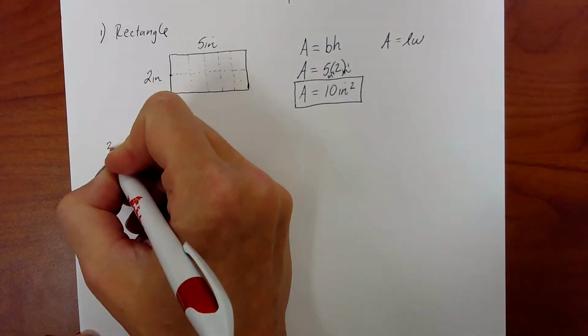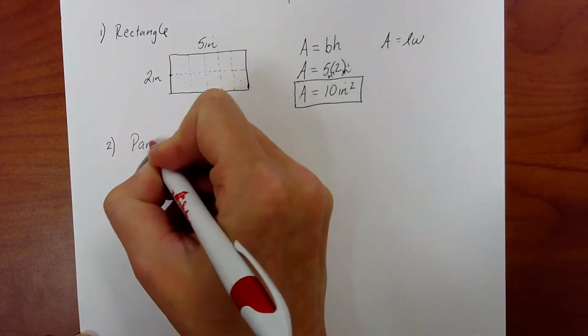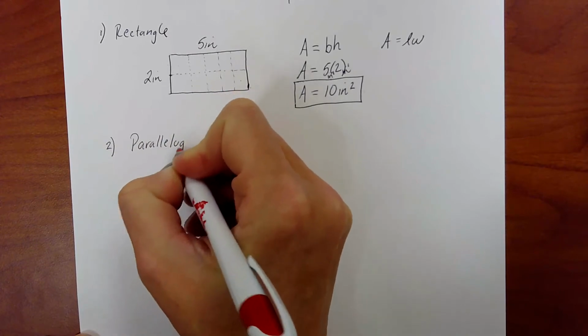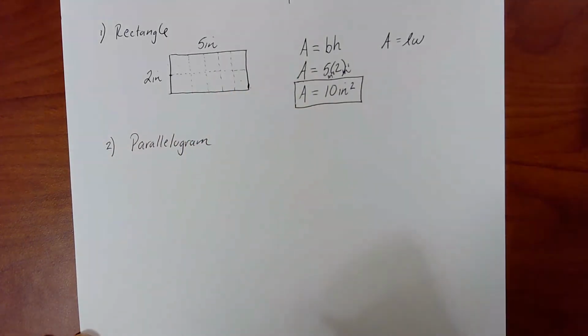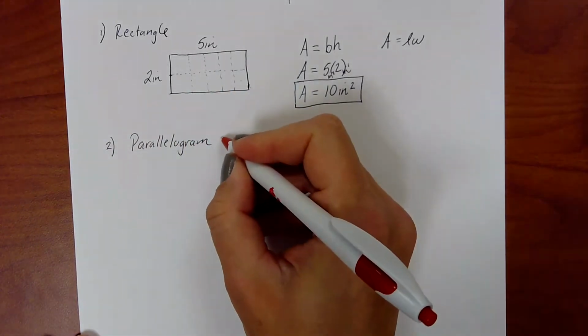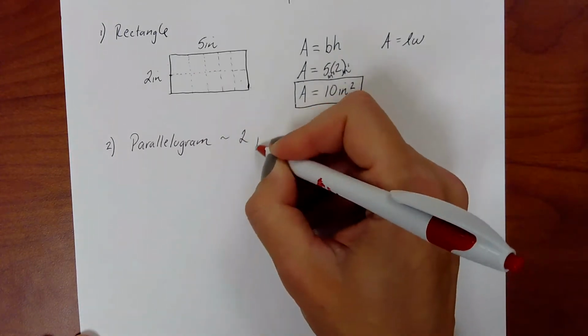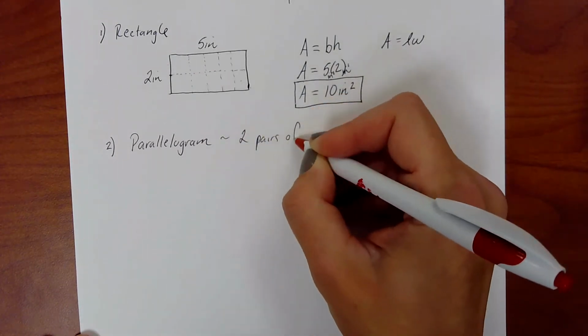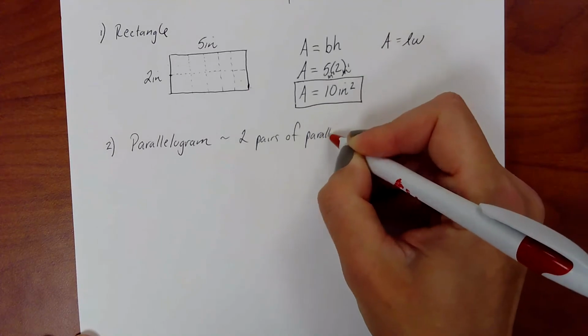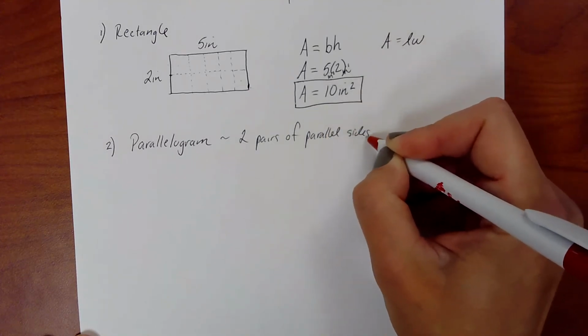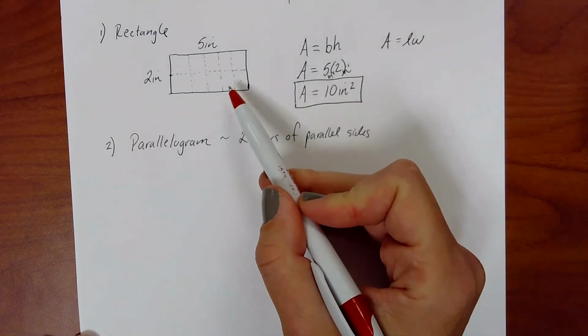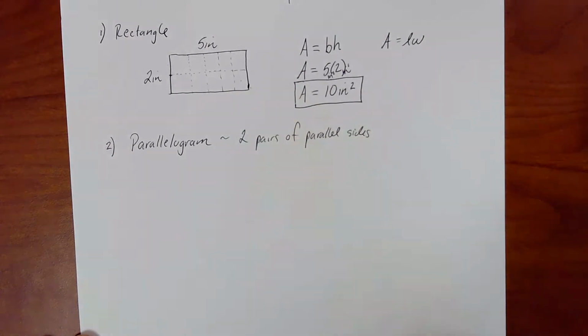All right. Second shape we're going to do is a parallelogram. What makes a parallelogram? Well, 2 pairs of parallel sides. So actually, a rectangle is a parallelogram. It's just special because it has four 90 degree angles.